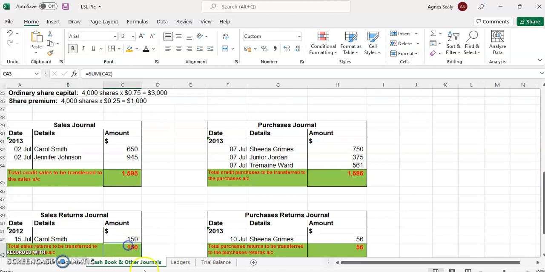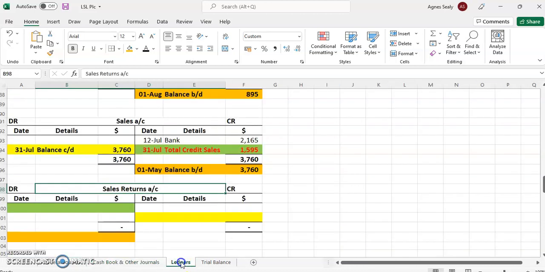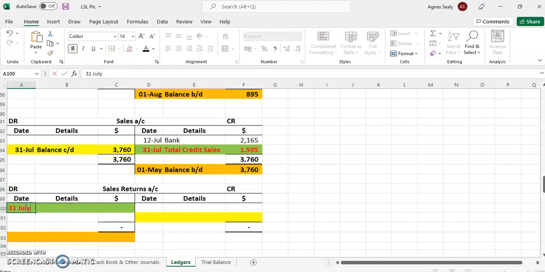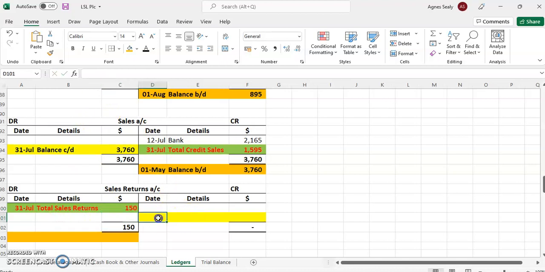So we have a total of 150, which will be transferred to the debit side of the sales return account. So that is on the 31st of July. Total sales returns 150. There are no other transactions there. So at 31st of July, the balance carried down 150.